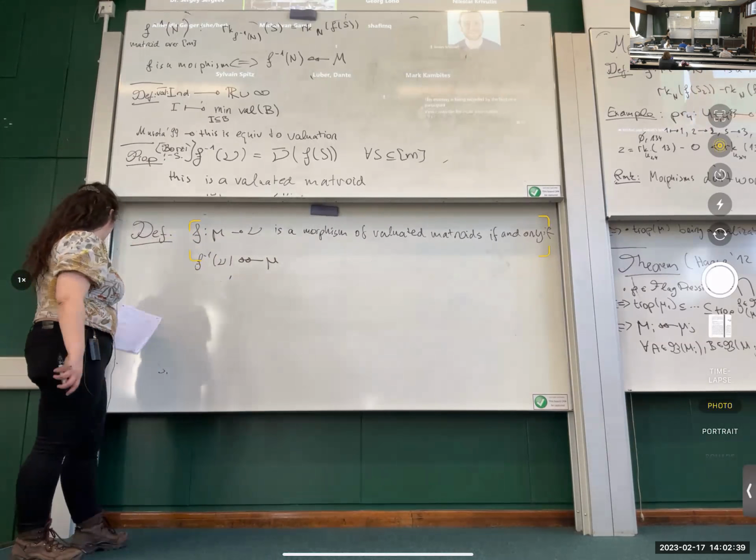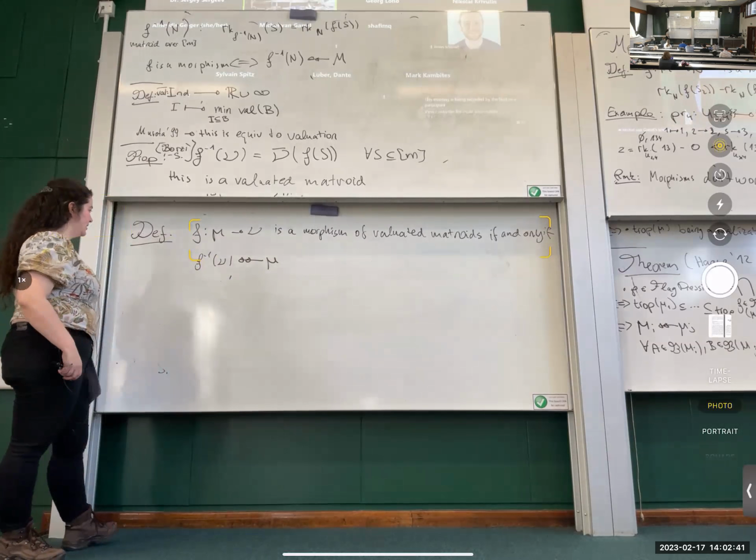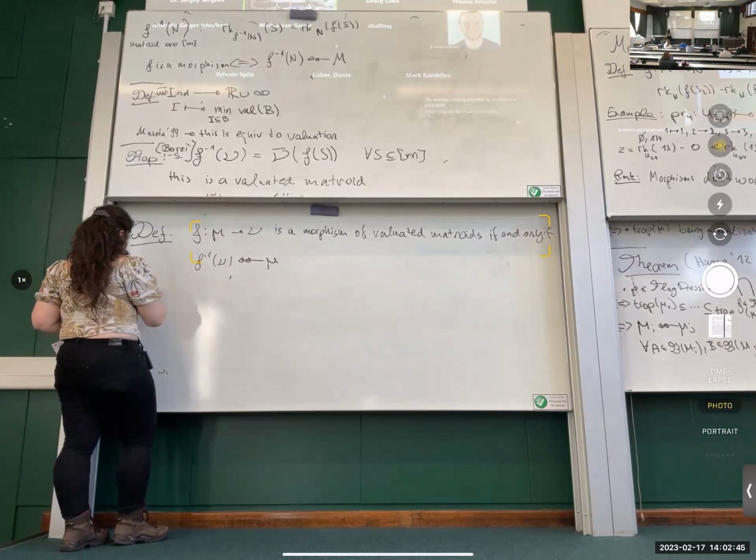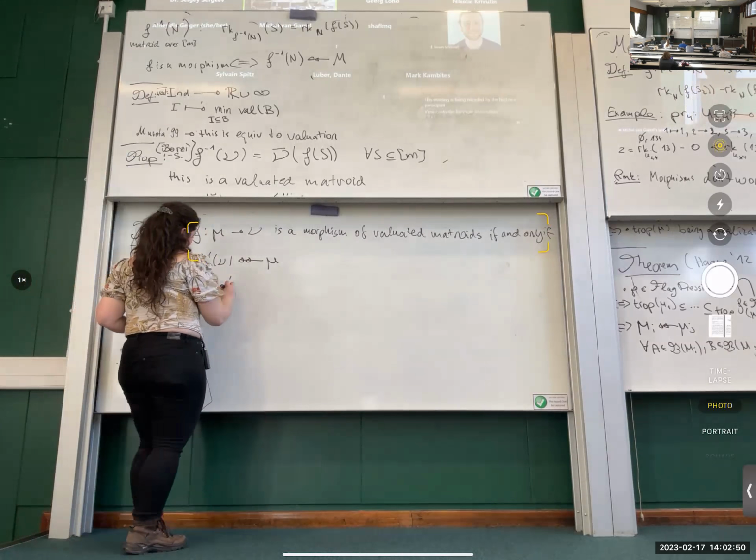Now we can use this definition to set up our original idea in this setting. So we can now define a quiver of matroids.